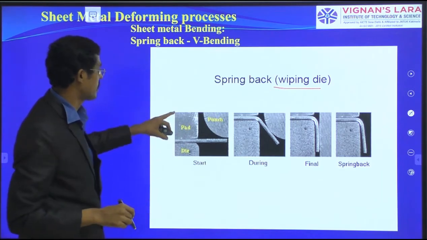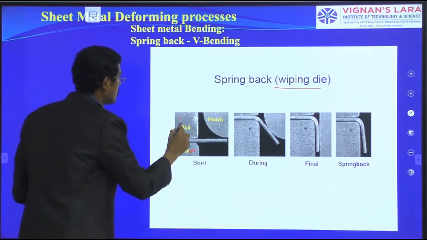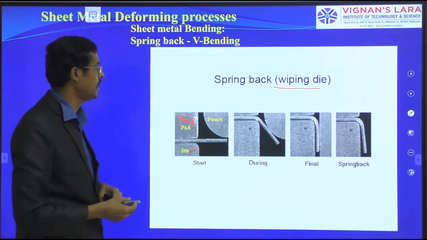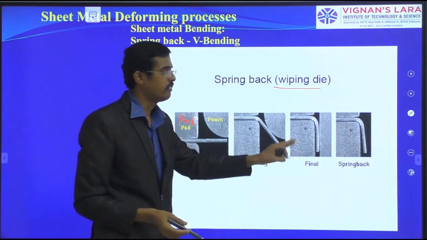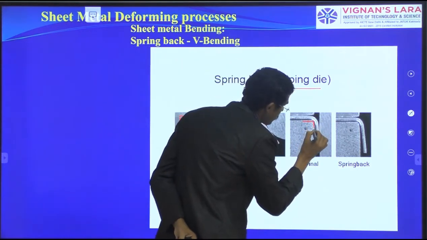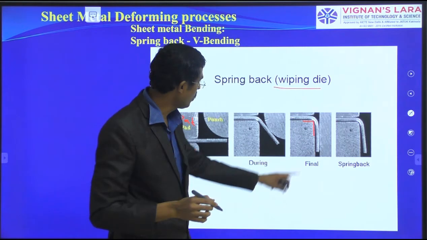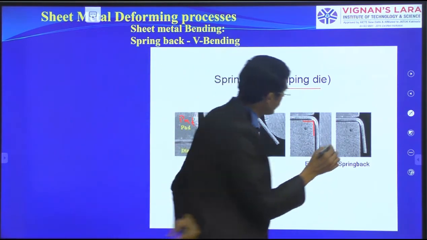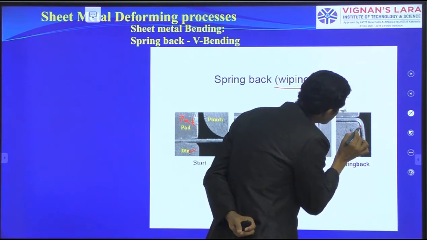Two dies I have kept, one die and this one named as a pad, which is kept at the top, where the punching action has been done. In the final position, before we remove it, this is 90. This is 90. There is no gap. Now we have removed it. What happens instead of 90? You see here the small angle has been increased.